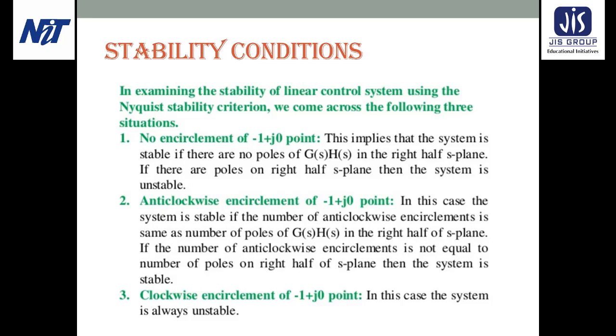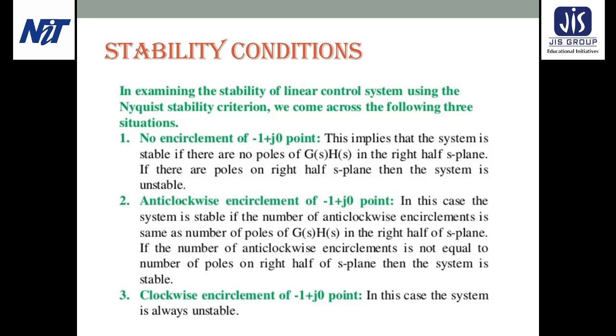So, if N is equal to 0, then P is equal to Z. That implies the system is stable. That means the contour in the S-plane encircles as many poles as zeros, and there are no poles of G(s)H(s) in the right hand side of the S-plane. And if there are poles on the right hand side of the S-plane, then the system is unstable.